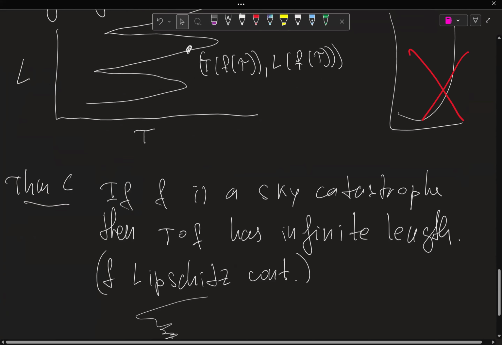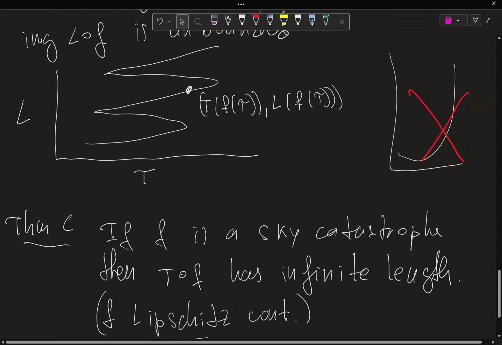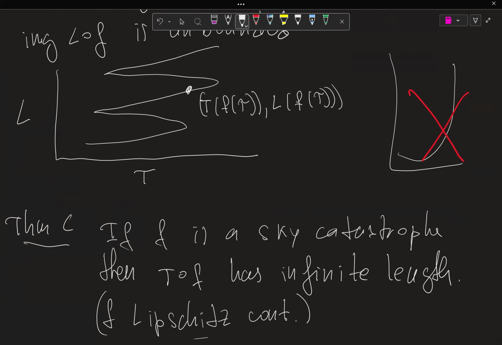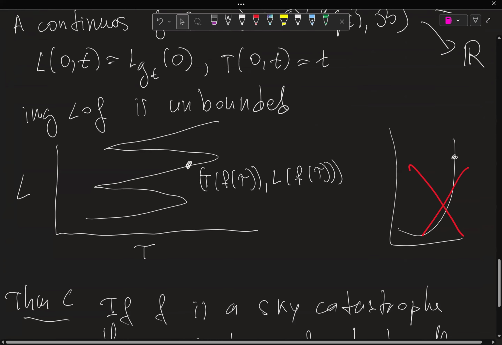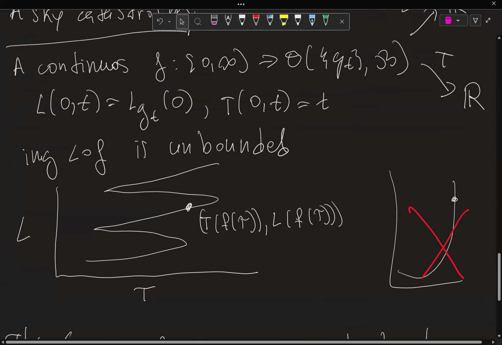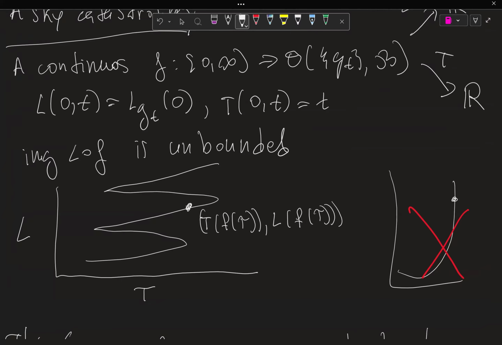If you don't zigzag, you have this kind of graphical blow up, and here you have unbounded L differential, which is impossible because all of these corresponding points are critical for the energy functional.